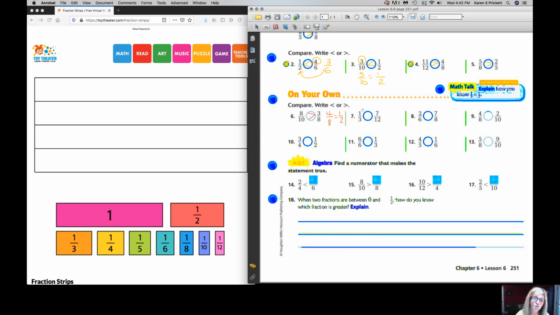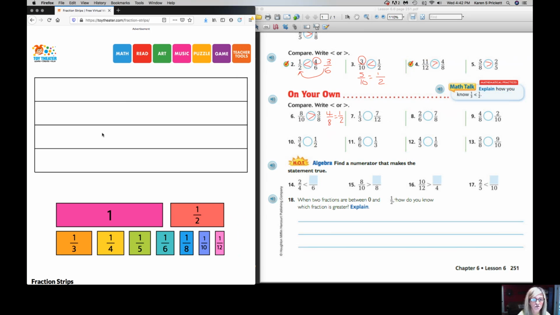All right, so if I'm looking at 1/3 and 7/12, this one might be a little bit more difficult, but if I want to, we'll use the virtual fraction tool for this. My first fraction is 1/3, and so I'm going to click and drag 1/3 here. And then my second fraction is 7/12. And so I come down here and I find my 12ths and I drag 7 of those up here.